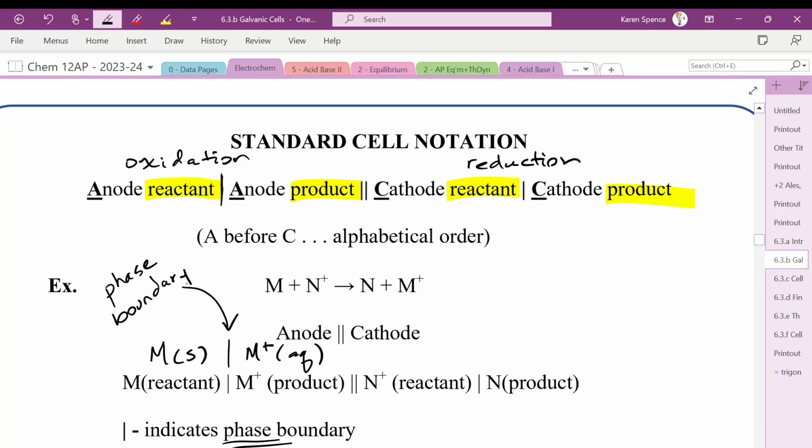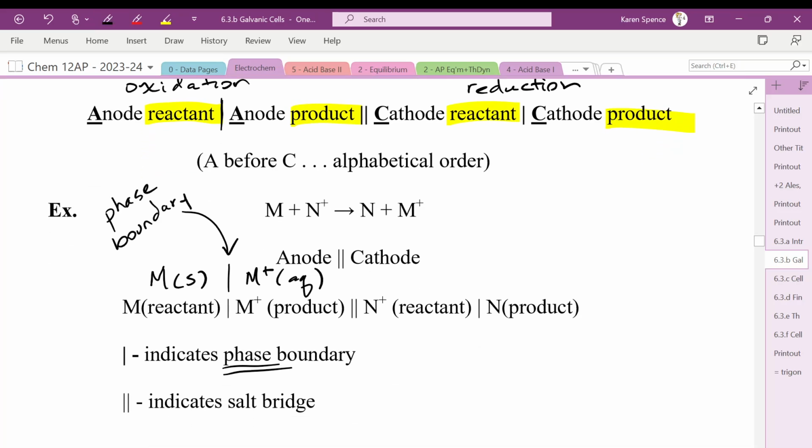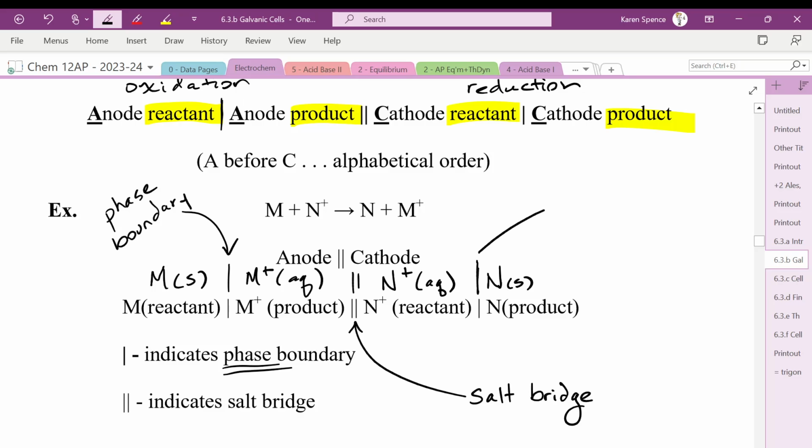And then the double line represents the salt bridge. Okay, and then we have N plus, which is aqueous, and we have N, which is a solid. So again, we have a phase boundary.